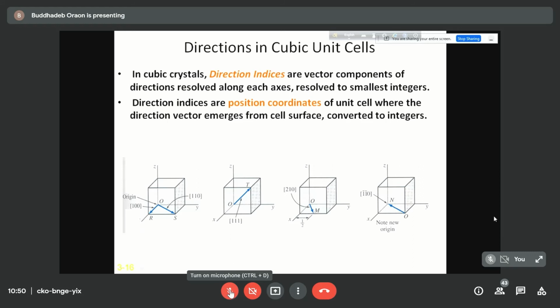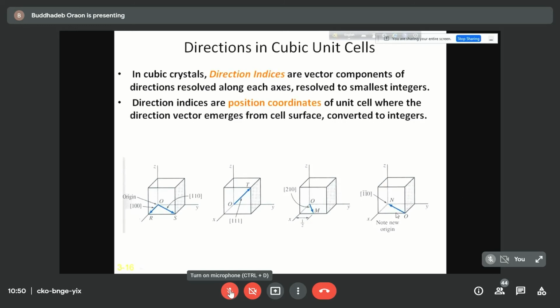But see the fourth diagram, where my origin has shifted somewhere here at O. So X, Y, Z directions, if we take them passing through this origin, then obviously the position of the cube will be not in the first quadrant but in some other quadrant. That is the point to be noted, and accordingly the notations are to be given.